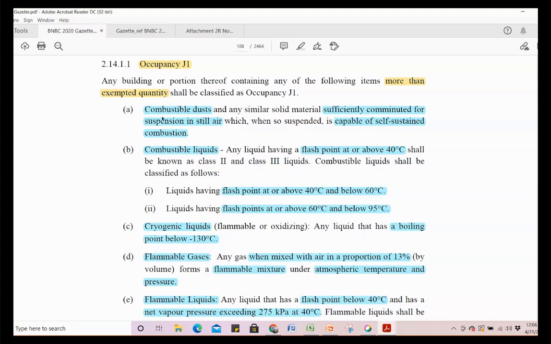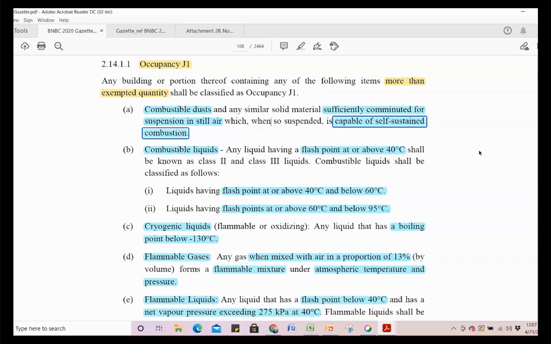So A, combustible dusts and any similar solid materials sufficiently comminuted for suspension in still air, which when so suspended is capable of self-sustained combustion. So there might be dusts which are so fine that they can suspend in still air and are capable of self-sustained combustion.